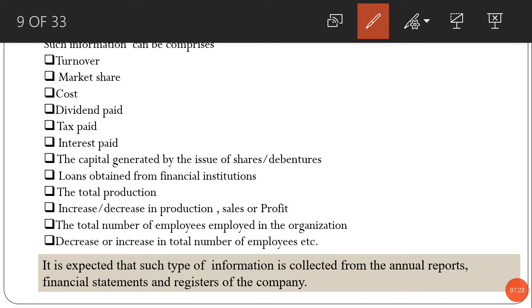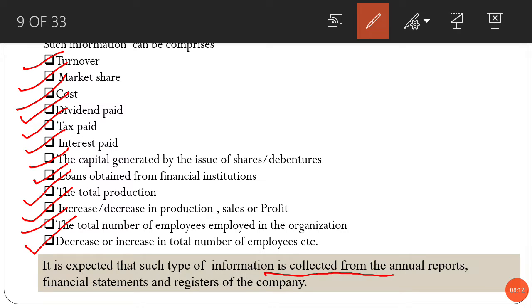Such information can comprise turnover, market share, cost, dividend paid, tax paid, interest paid, the capital generated by the issue of shares or debentures, loans obtained from financial institutions, the total production, increase or decrease in production, sales or profit, the total number of employees employed in the organization, and the decrease or increase in the total number of employees, etc. It is expected that such information is collected from the annual reports, financial statements and registers of the company.